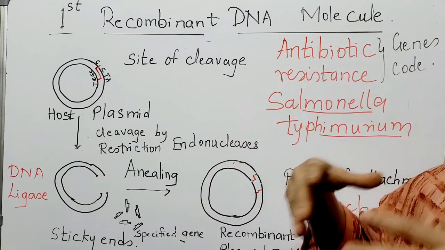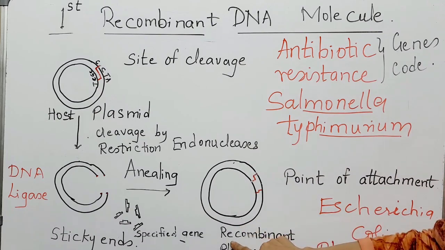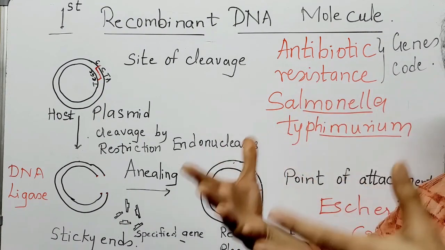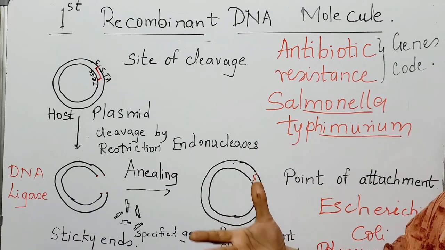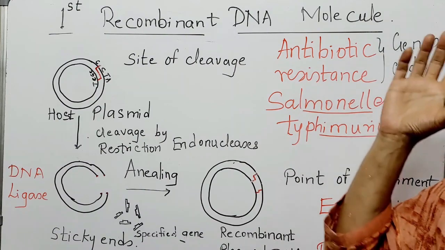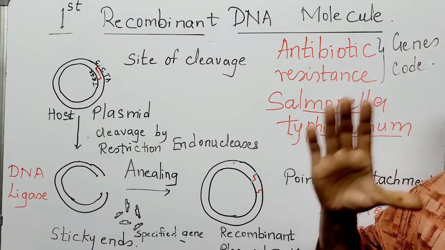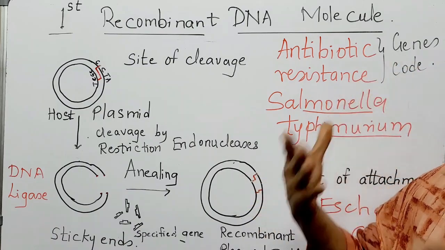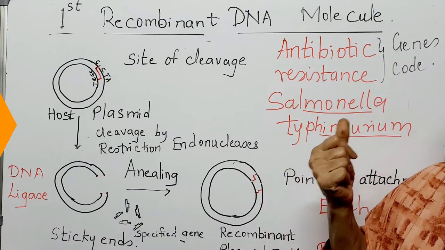So it led to multiplication of this recombinant plasmid DNA. So more DNA, more multiplication, more synthesis of antibiotic resistance, and therefore it led to a new discovery of synthesizing the desired biomolecules.